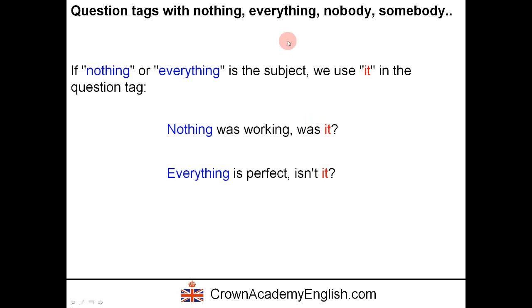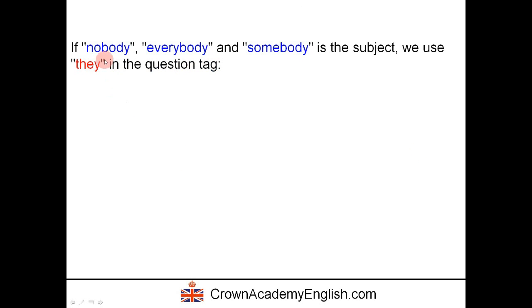Now let's look at nobody, somebody, everybody. If nobody, everybody, or somebody is the subject, then we use they in the question tag. So this is the exception. This is the one that people find difficult.